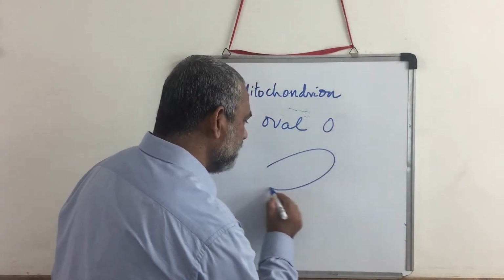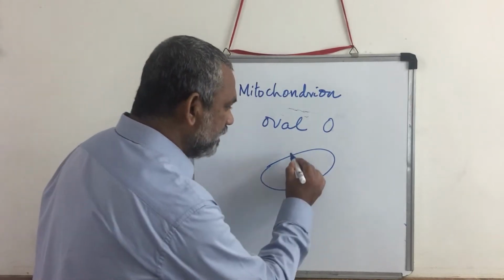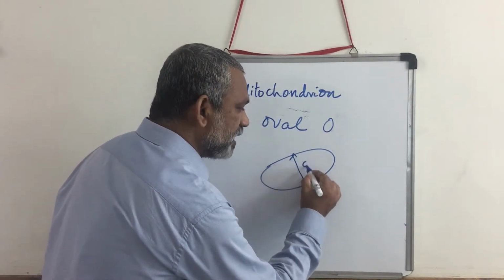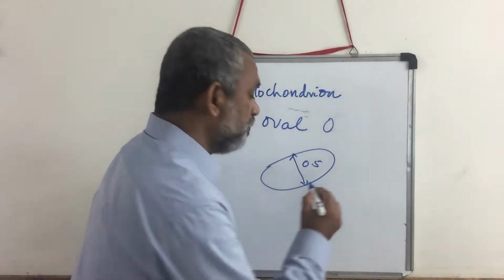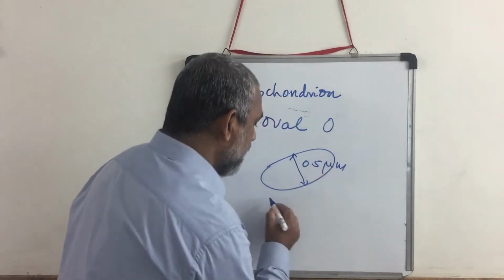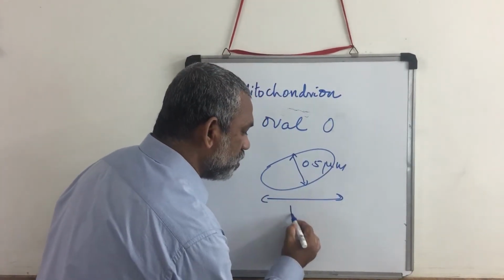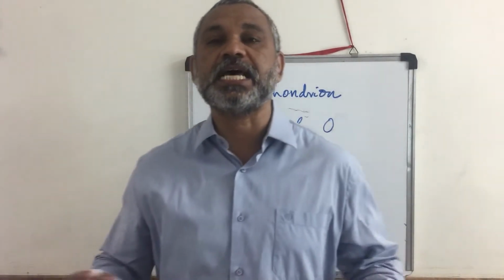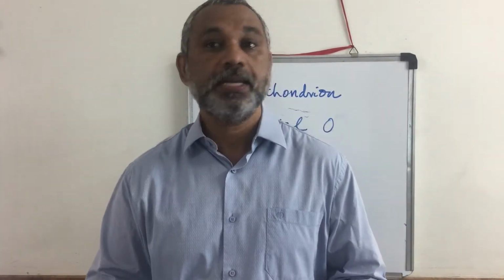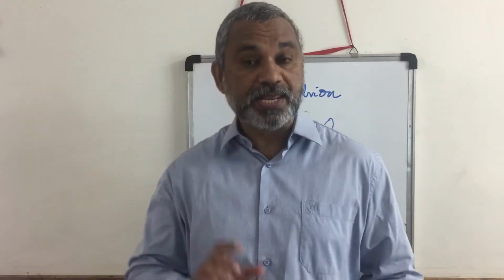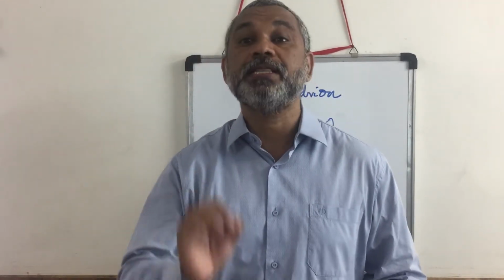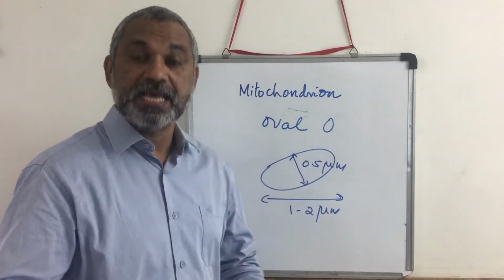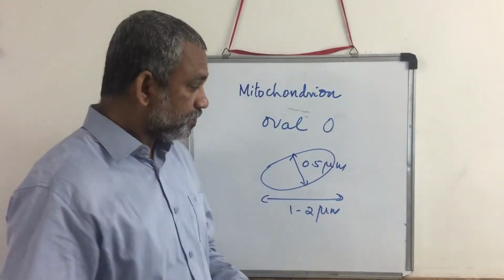The diameter is going to be somewhere around 0.5 micrometer, and the length can be about 1 to 2 micrometer. And remember, it can keep varying depending on the respiratory state of a cell. If the size can vary, the number can vary.